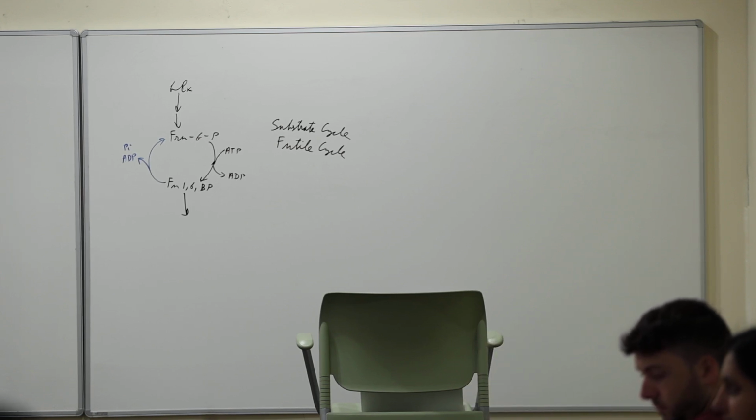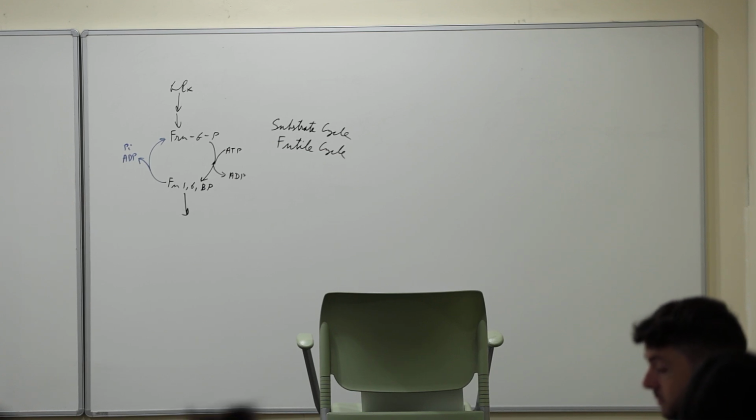So you are always having one of them in active form. Either you're synthesizing glycogen or you're breaking down glycogen. You're not doing both at the same time. That's one example of reciprocal regulation.